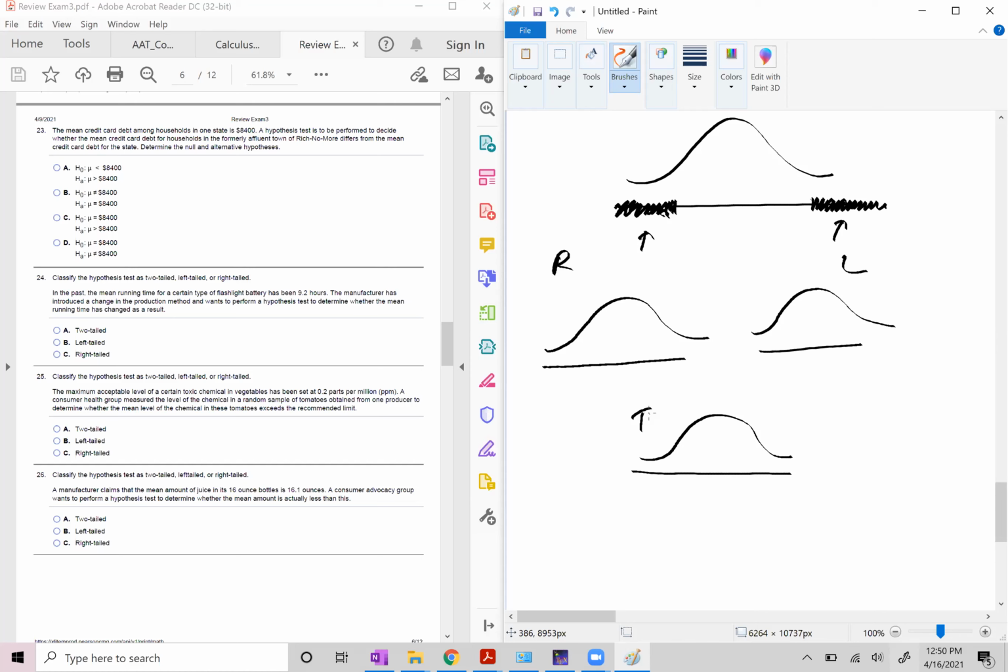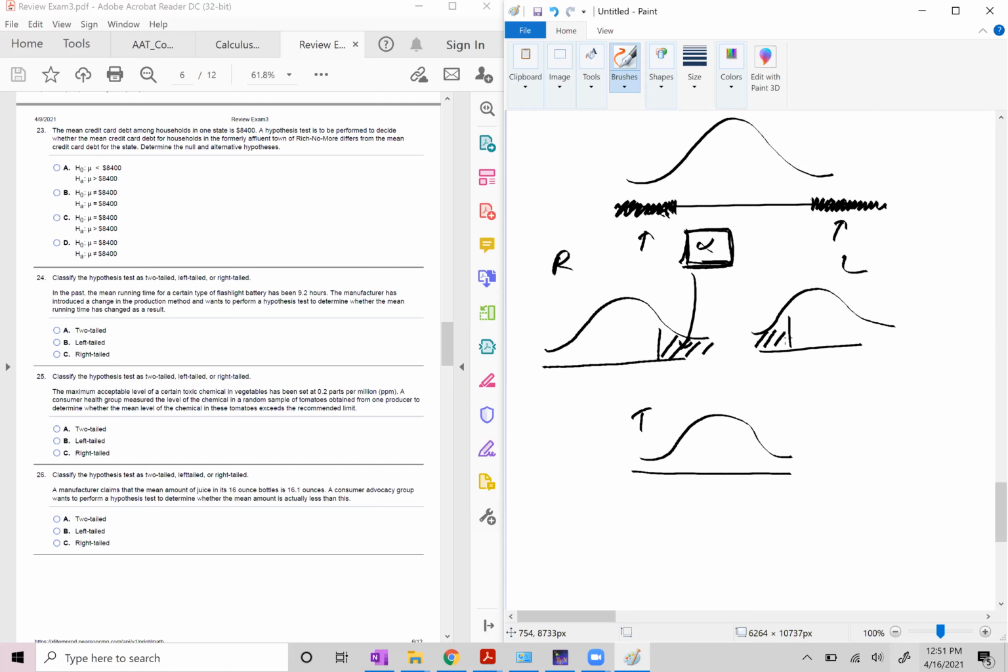Now, once that is given, let's call it alpha, with our usual notation. So if this alpha is given in the question, and if it is a right tail test, you move this whole alpha towards the right and do the calculation. I will tell you how, but just have this in your head, right? You give this whole alpha to the right if it is a right tail test.